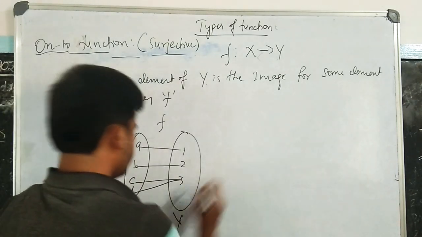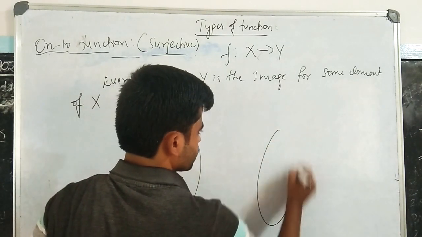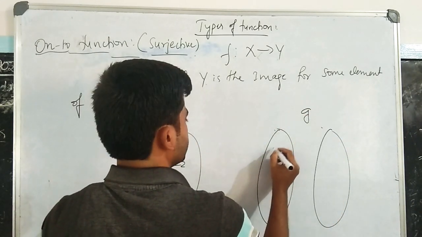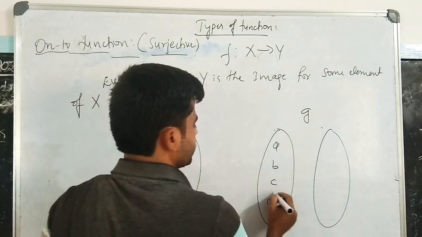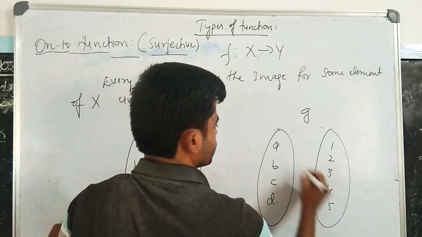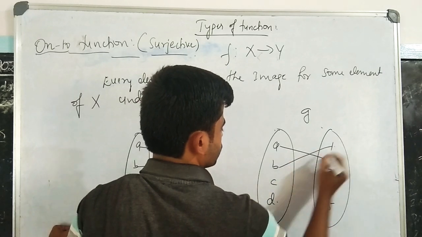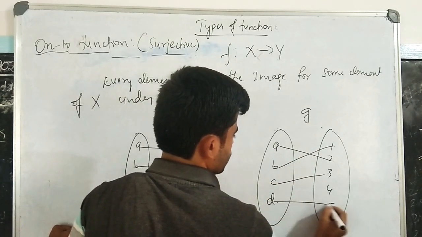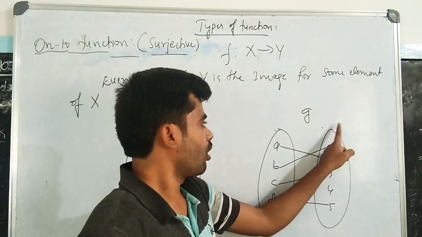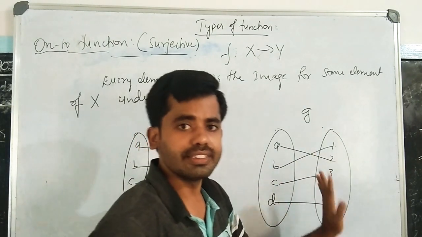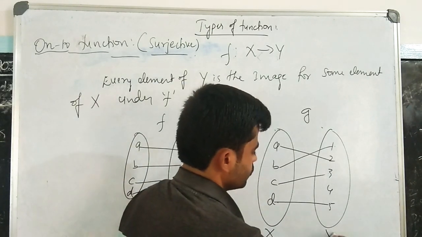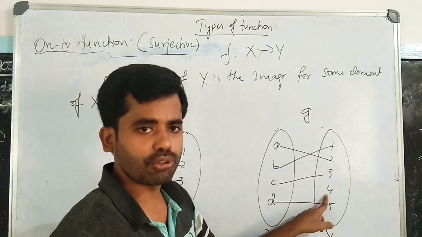If there is a free element, then, for example, A, B, C, D and 1, 2, 3, 4, 5. Here not all the elements of Y are images for some element of X. Here the element 4 is free.